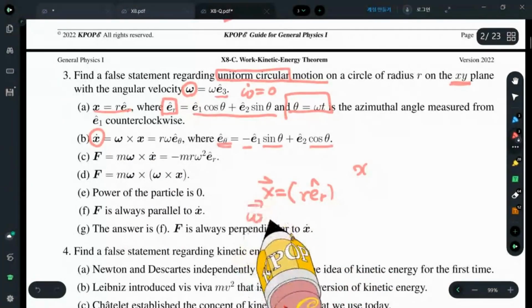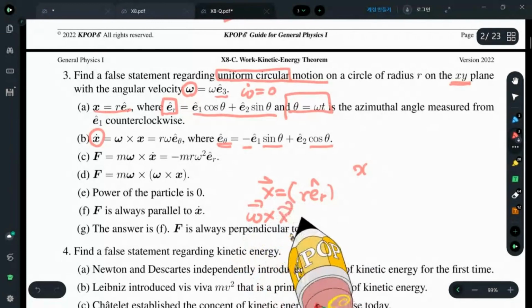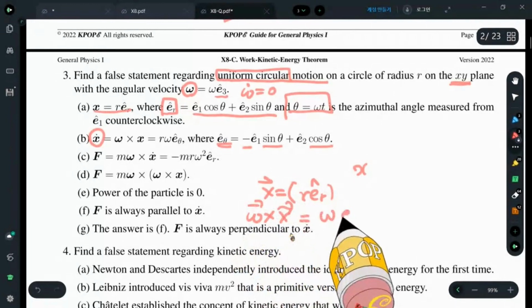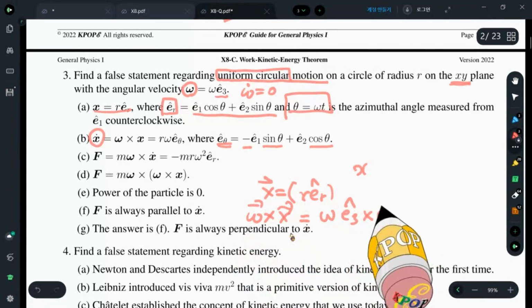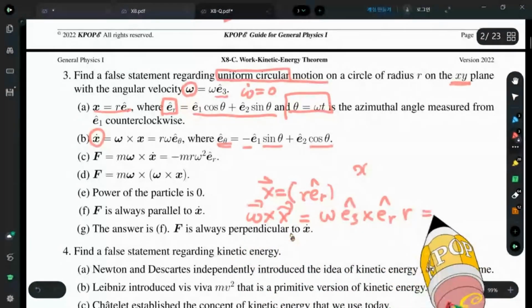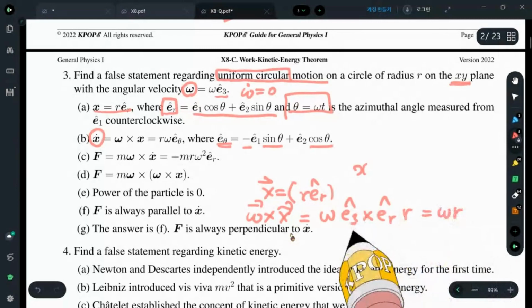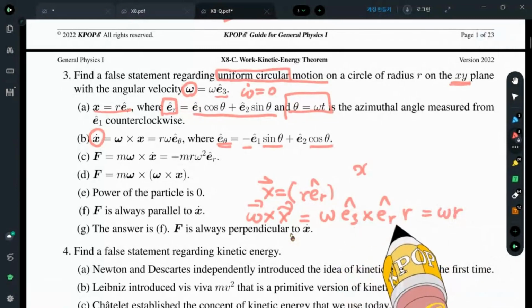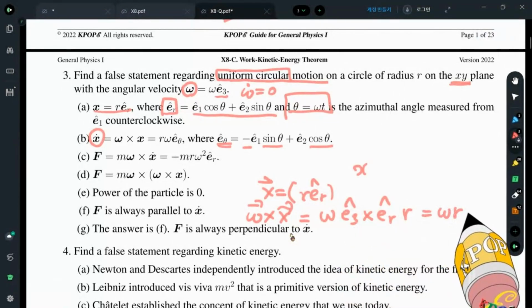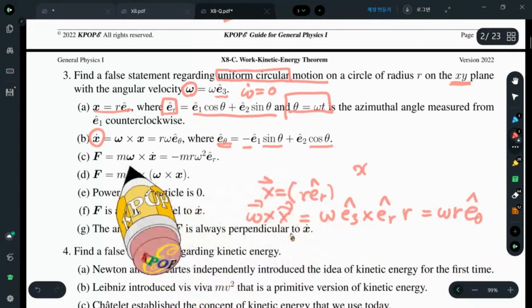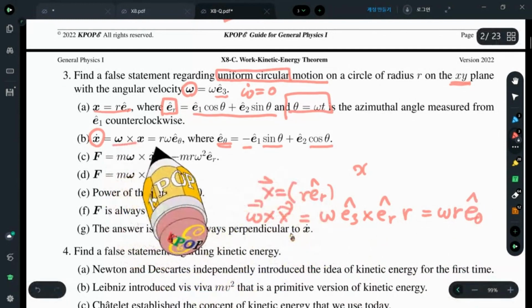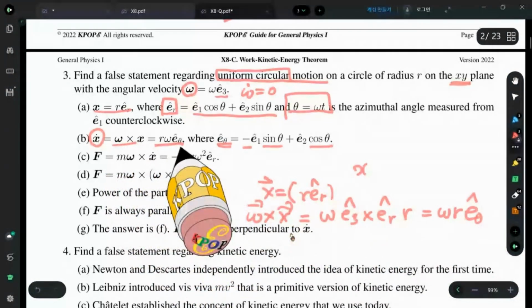So omega cross x equals omega E3 cross ER hat R. So omega R, E3 times ER equals E theta, right? So this is the same as R omega E theta.